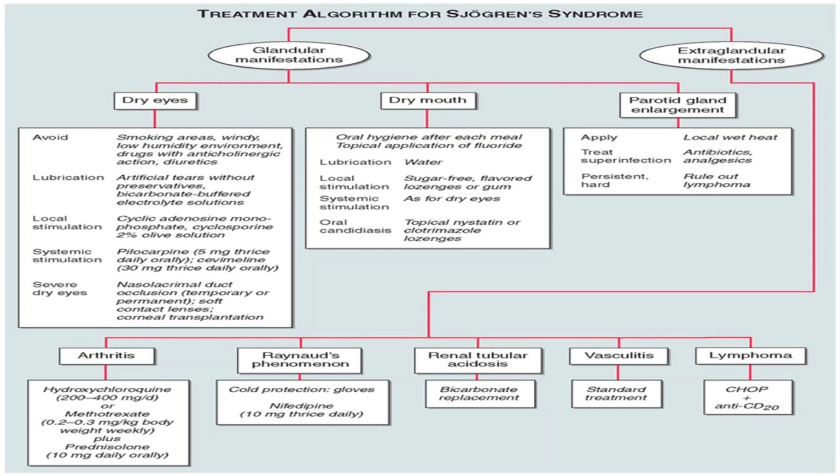When we have parotid gland enlargement, we should apply local wet heat, treat superinfection by antibiotics or analgesics; if persistent and hard, rule out lymphoma. When we talk about extraglandular manifestation, when we have arthritis: hydroxychloroquine or methotrexate plus prednisolone.